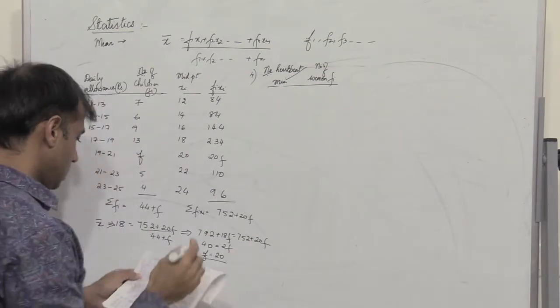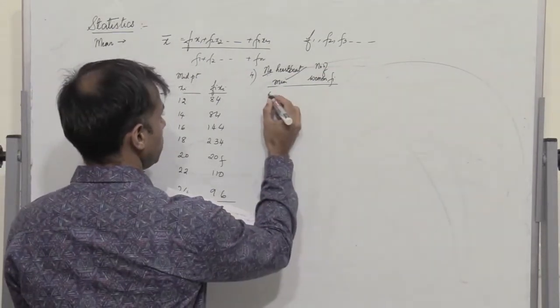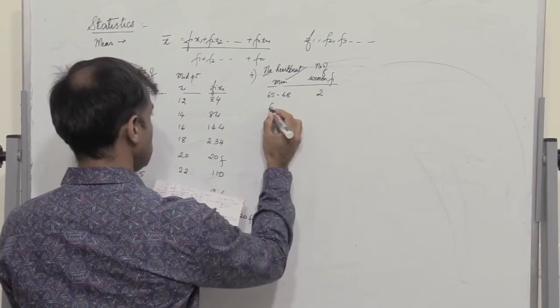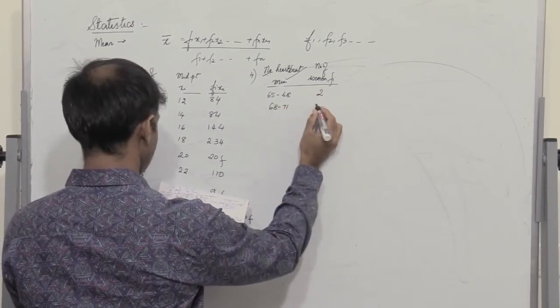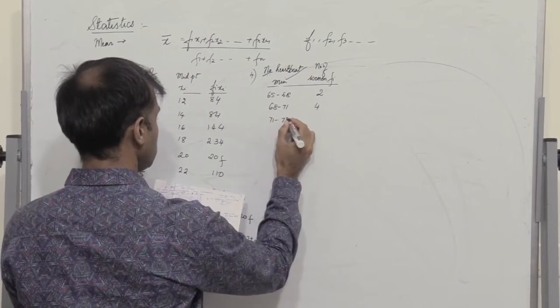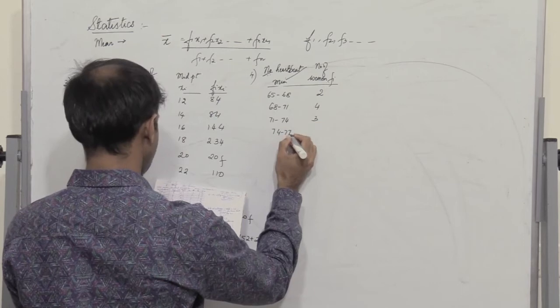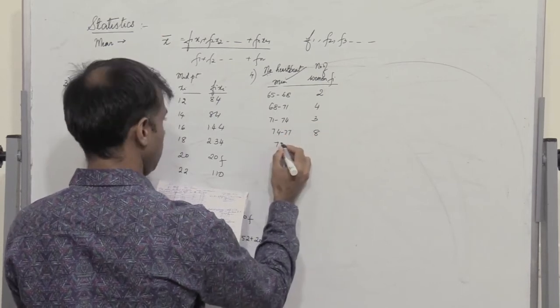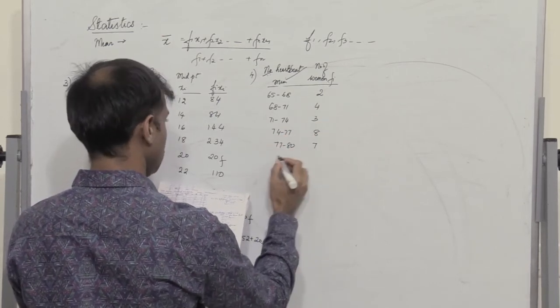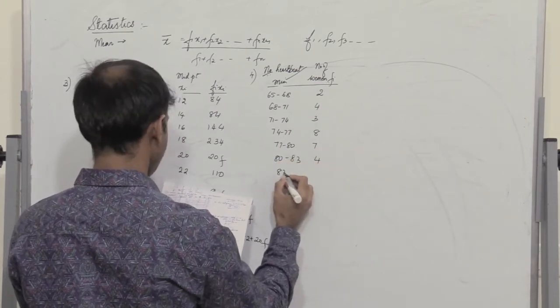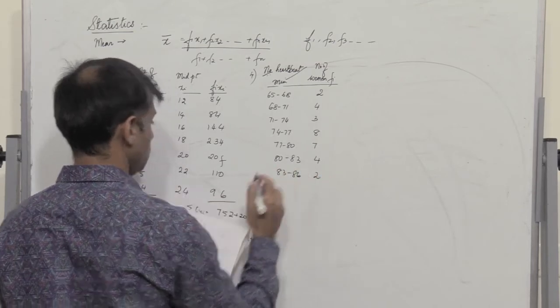The range between 65 to 68, there are 2, 68 to 71, 4, 71 to 74, we have 3, 74 to 77, we have 8, 77 to 80, we have 7, 80 to 83, we have 4, and 83 to 86, there are 2.